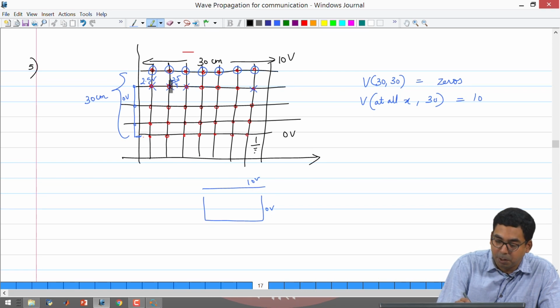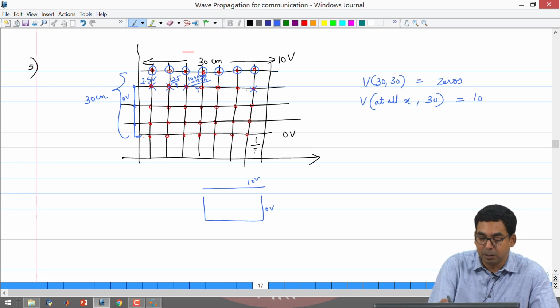So, that will be 10 on the top plus 2.5 plus 0 divided by 4, and we keep going to the next point. Here it will be 10 plus 0 plus 0 plus 12.5 divided by 4, and we keep going along the row.